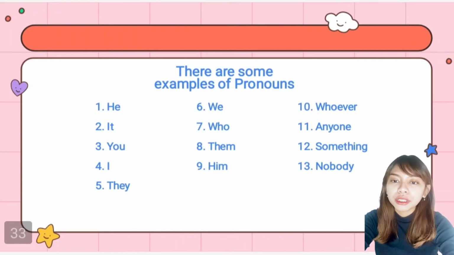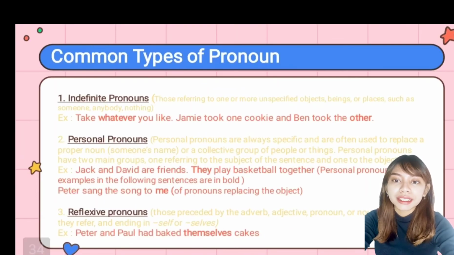And actually we have 9 common types of pronouns. I will explain to you one by one. For the first, we have indefinite pronouns. So, those referring to one or more unspecified objects, beings, or places, such as someone, anybody, or nothing.